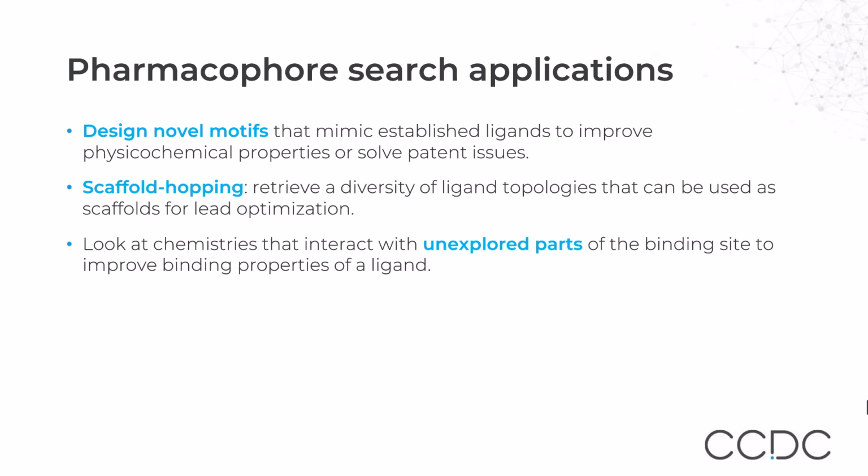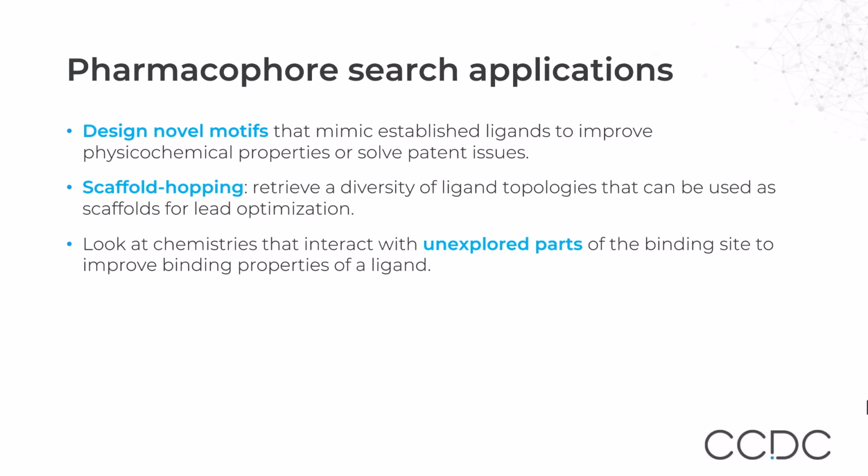Getting an even more detailed description of what pharmacophore search can do for you, it can give you an opportunity to design absolutely novel models that mimic established ligands to improve physicochemical properties or solve patent issues. Also, as I have already mentioned, it is a very good way to perform scaffold hopping, and the aim of this would be to retrieve a diversity of ligand topologies that can be used as scaffolds for lead optimization.